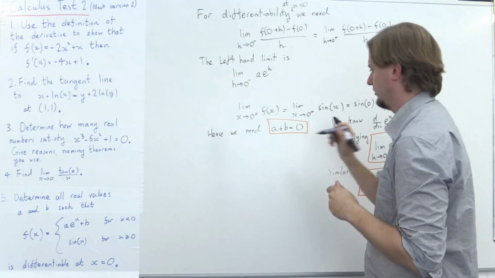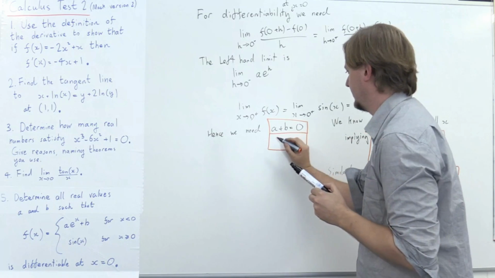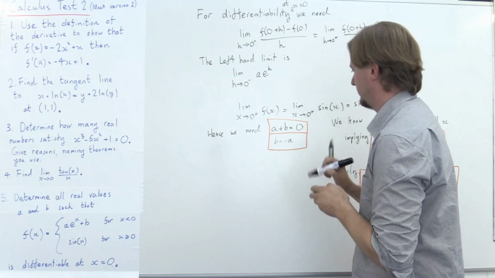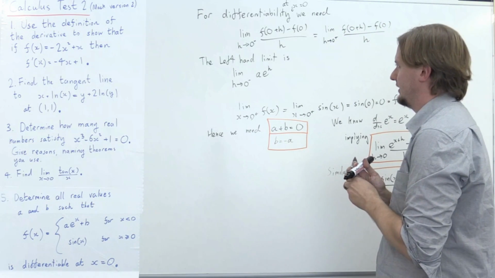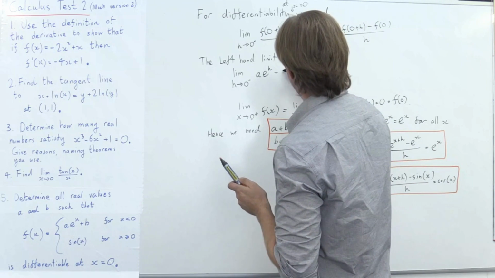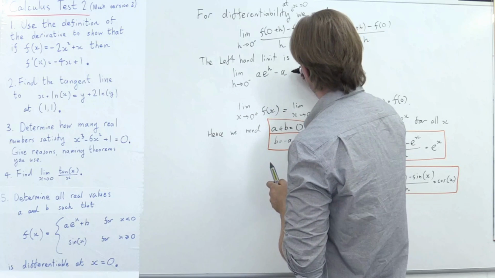I probably should use this fact now. This fact can be used to tell me that b is equal to minus a. So it's a e to the h minus a. And I'm going to subtract off f of 0.